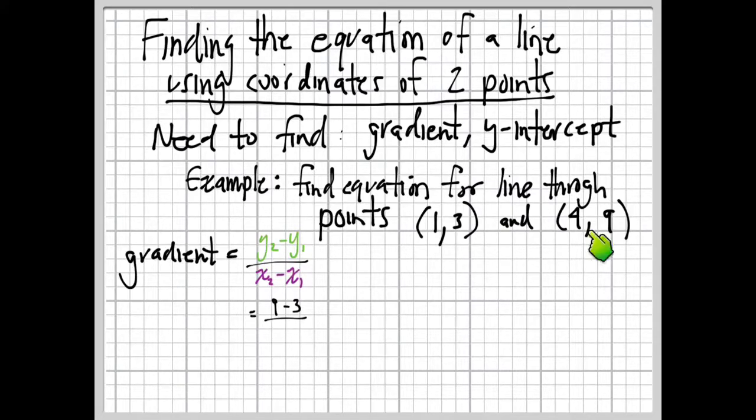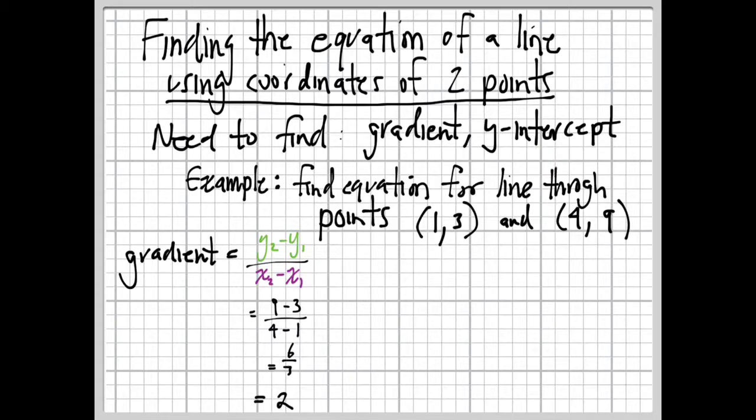And then we're going to do the x coordinate of that second point minus the x coordinate of the first point, so 4 minus 1. 9 minus 3 is 6, and 4 minus 1 is 3. And 6 divided by 3 is, of course, 2. So that's our gradient for this pair of points, that is.